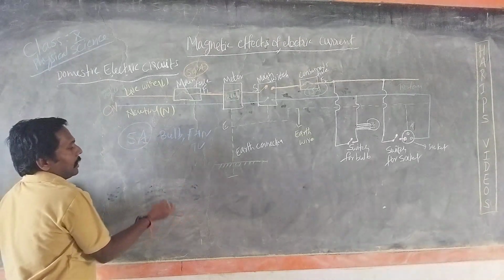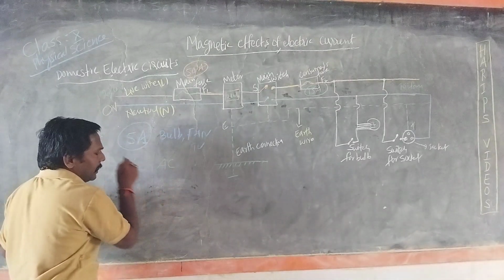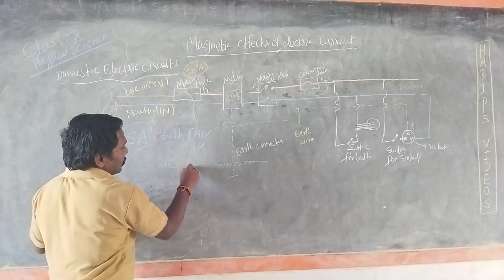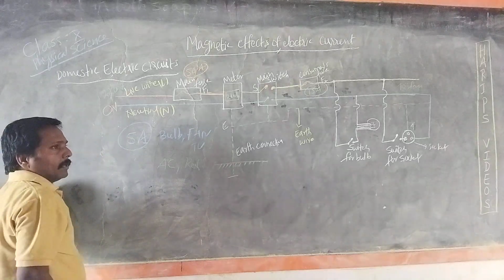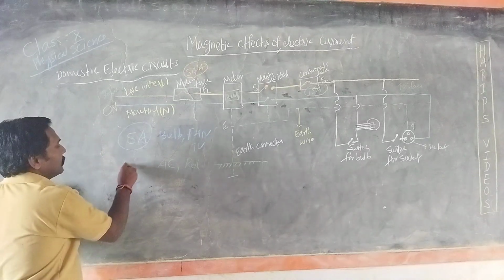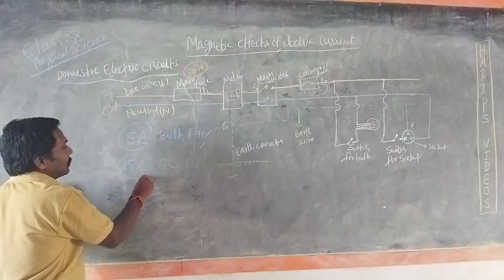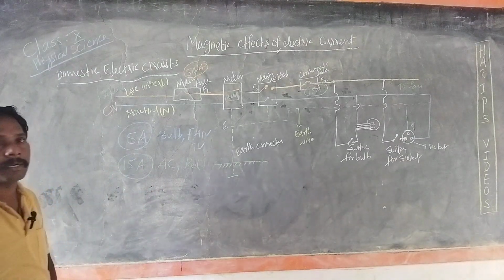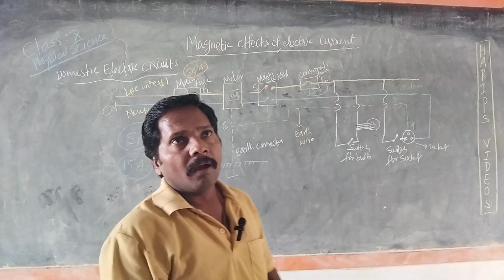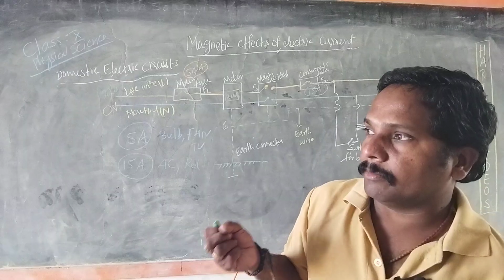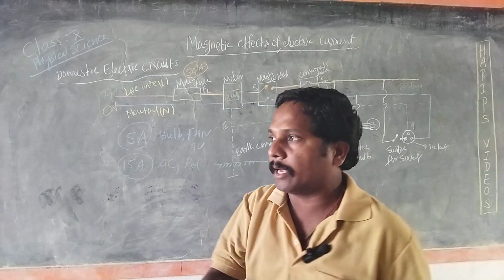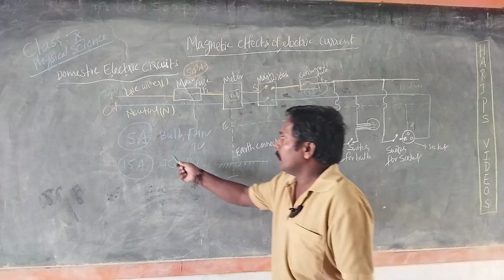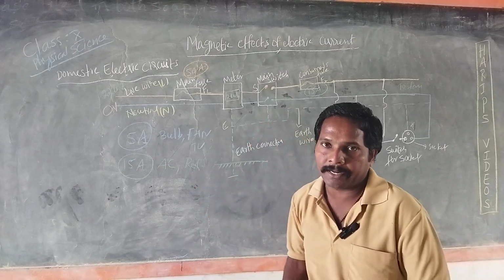For other electrical appliances like ACs, fridges, refrigerators, geysers, and electric rice cookers, we give another connection with a 15 ampere fuse. For appliances which consume less electrical energy, we give a 5 ampere fuse connection.